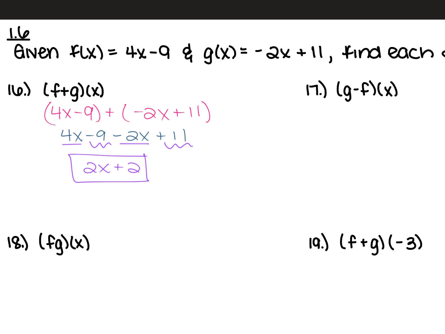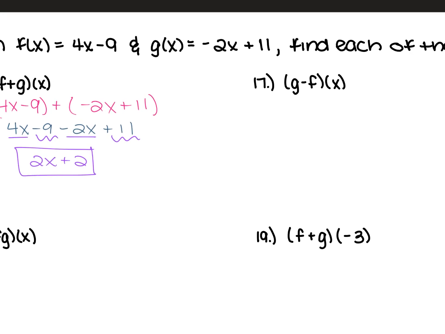For 17, we are doing g minus f of x. So we're taking g of x, which is negative 2x plus 11, and we're subtracting f of x from that, which is 4x minus 9. So if you see here, the order in which you place your expressions matters. It depends on what's in the parentheses and where it's in there. So with this one, we're going to distribute the negative to the second set of parentheses.